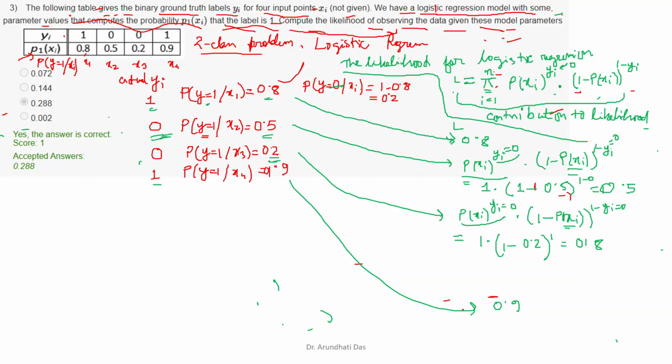Now if I apply the final likelihood formula, it is a multiplication term, as you can see.